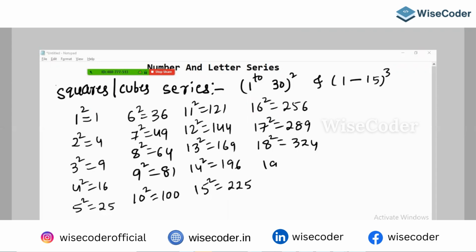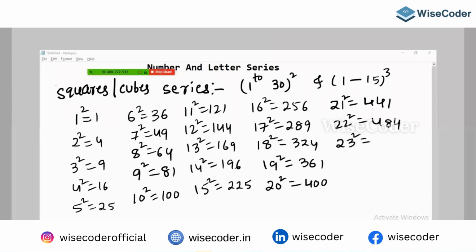18 square 324, 19 square is what, guys? 361. 20 square is 400. 21 square is 441, 22 square is 484, 23 square is 529, 24 square is 576, 25 square is 625.